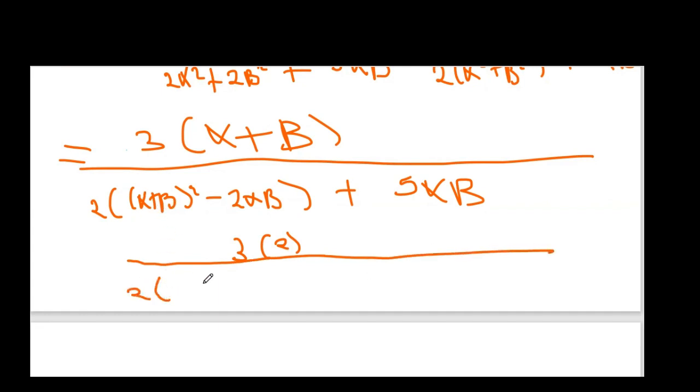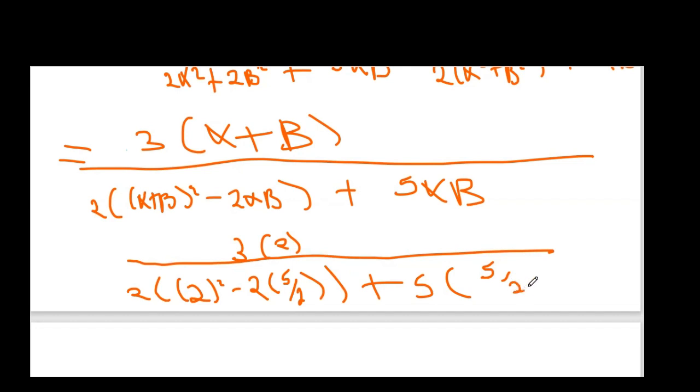And then here in the brackets, α + β we still have 2 there, squared minus 2 times αβ. So for αβ, we're going to put 5 over 2. I'm sure you remember these values. Then plus 5, and then we have 5 over 2 again there.